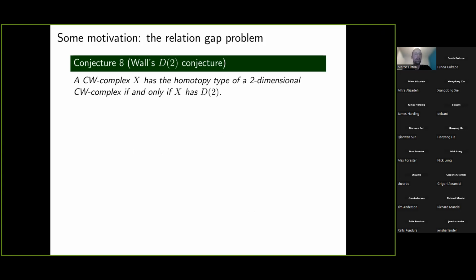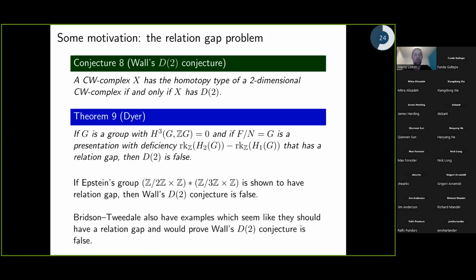Okay, so how is this related to the relation gap problem? Well, there is a theorem of Dyer which allows you, from a group presentation which has a relation gap, to find a CW complex which has D2, but which does not have the homotopy type of a two-dimensional CW complex.